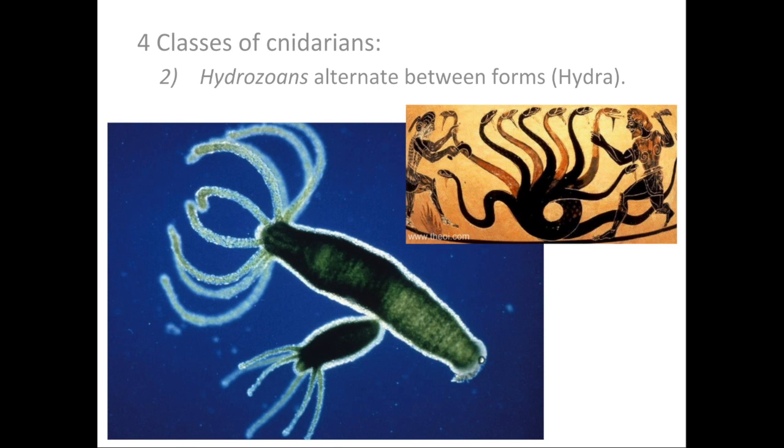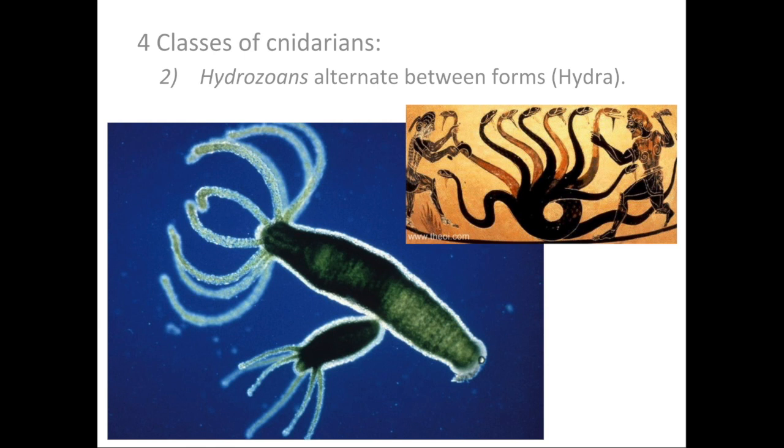They're microscopic or just above microscopic. Sometimes you can see them if you look real close, and lots of times with a magnifying glass you would be able to see them. They've got these tentacles that stick out, and they can sting their prey. They are meat eaters, stinging prey and bringing it to their mouth.